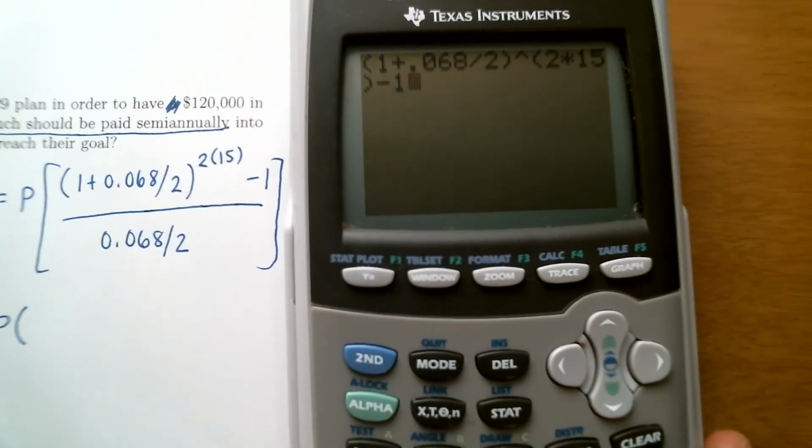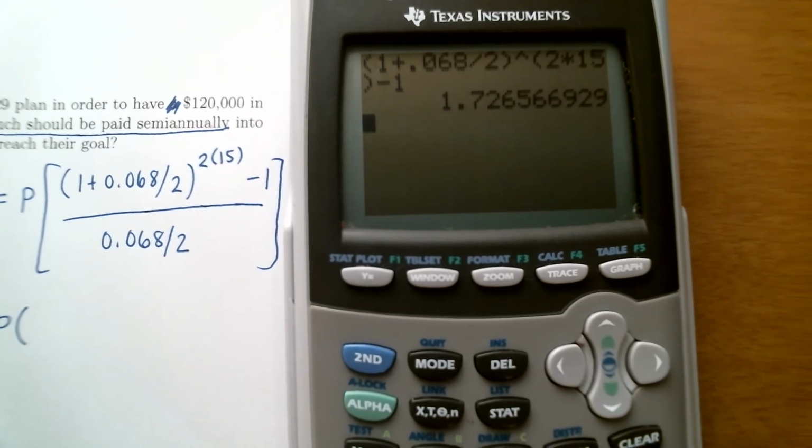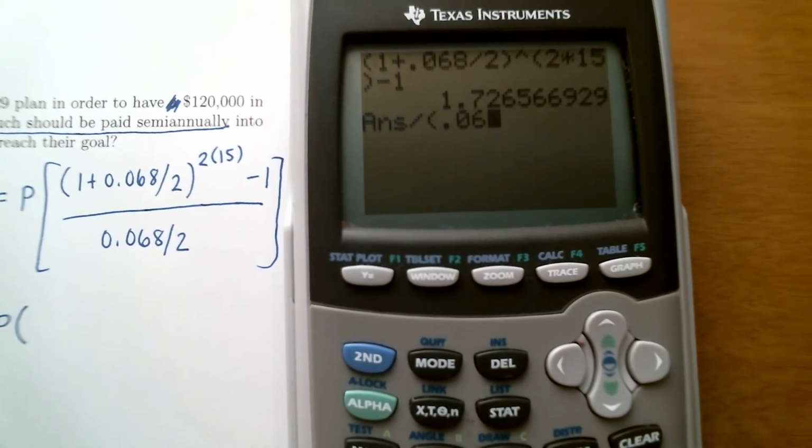This is going to give us the numerator. Now we want to take that quantity and hit the division key, put your denominator in parentheses so that it comes out correctly, okay? So this is the number that we're multiplying P by.